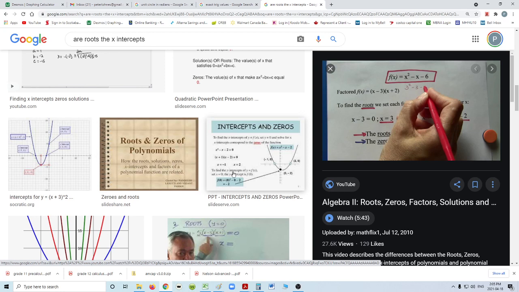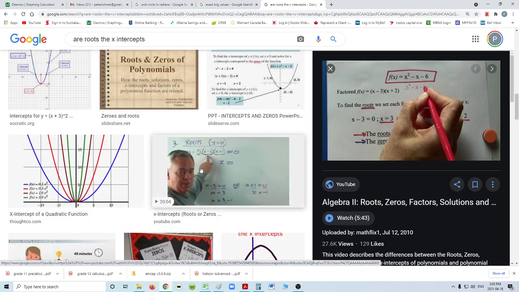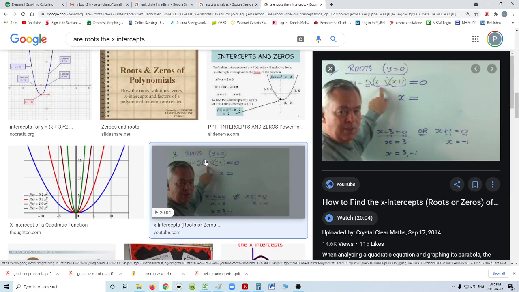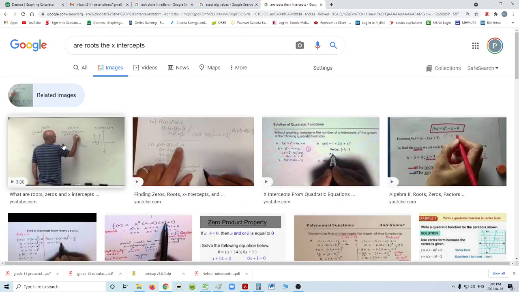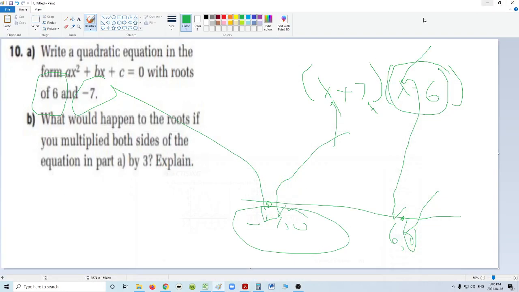Now I think I've got it reverse. Oh, I might get back to you on that. So I remember the roots being told as being the actual x-intercept values, but it could be that I've got it backwards.